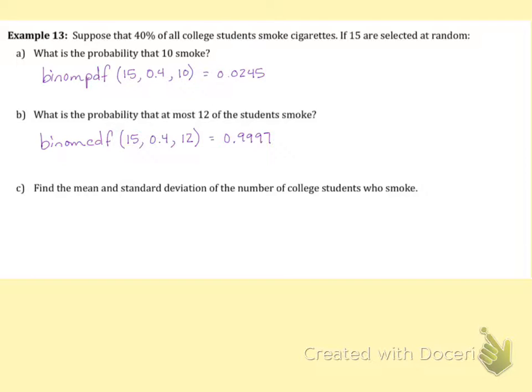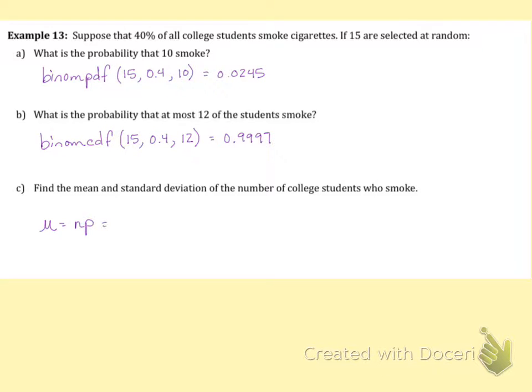Then it says, find the mean and the standard deviation of the number of college students who smoke. So for the mean, the formula for this is n times p, where n is the total number and p is the probability.